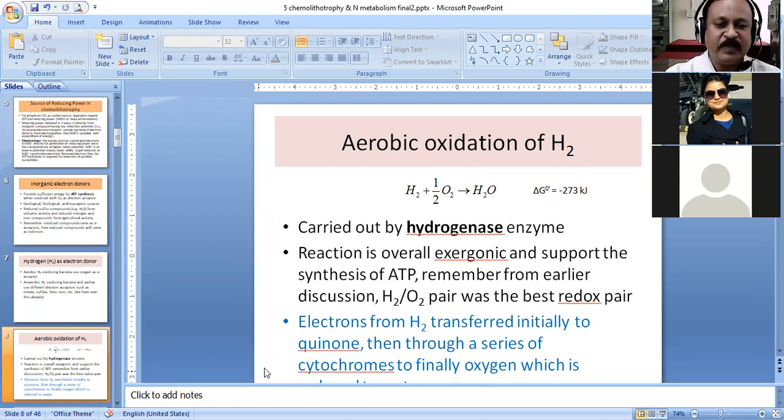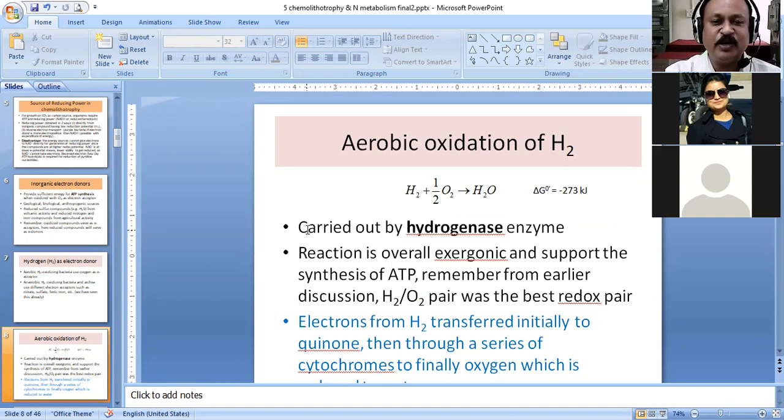When I say a few ATP molecules, it actually means a few moles of ATP. If we consider the molar concentrations of hydrogen, oxygen and water, then a few moles of ATP can be generated in this process.